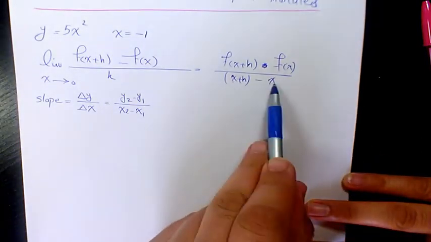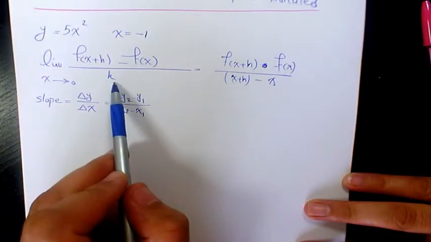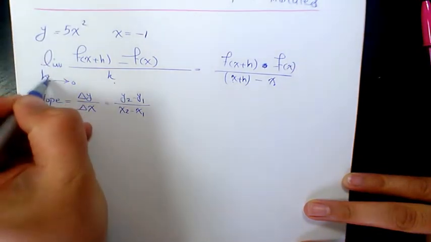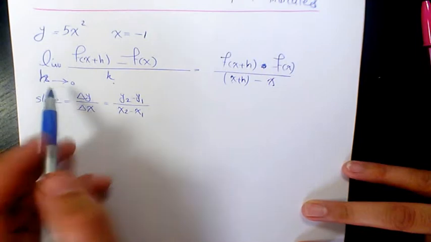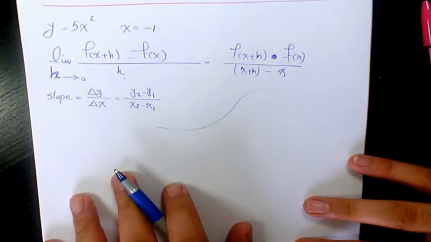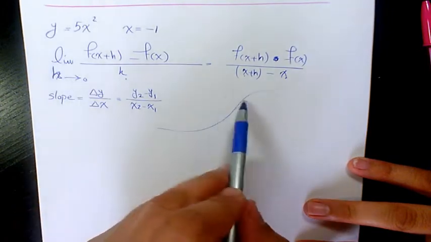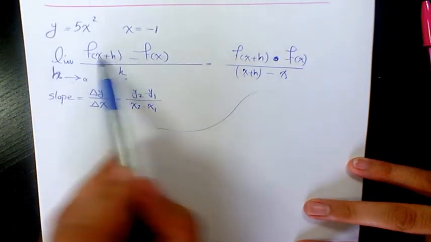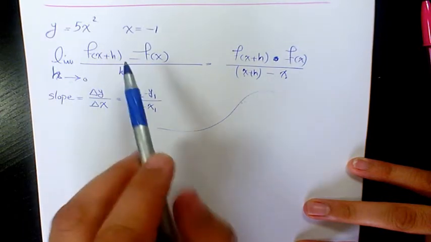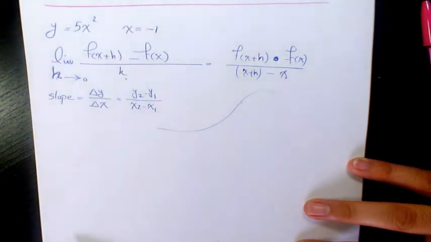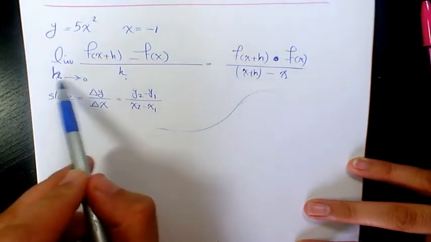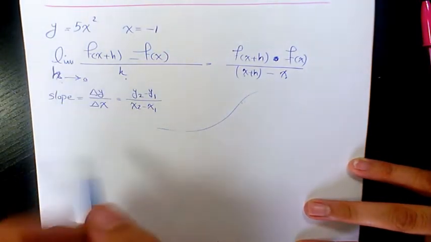The x and negative x cancel out and it's just h. And this h has to approach 0, because since we are dealing with a curve, we need to make it as small as possible. The difference between these 2 points has to be very close to make it close to a real number. So that's why h goes to 0.